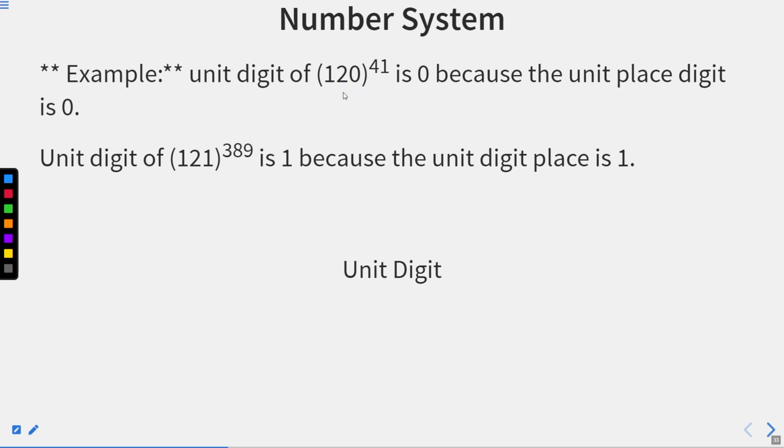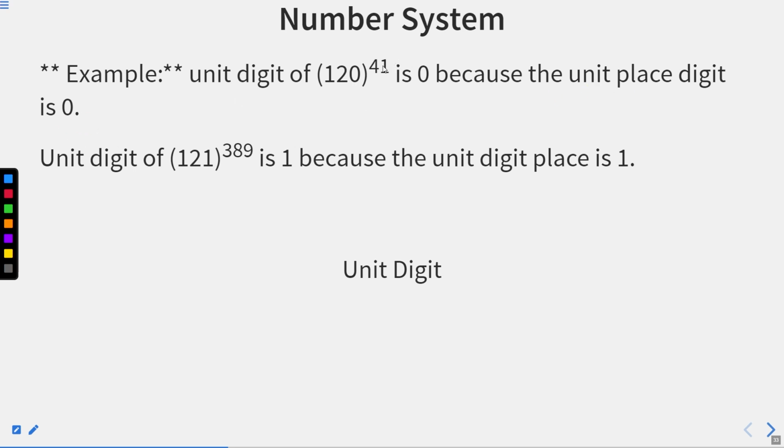What you have to do is, first of all, identify the unit digit inside the bracket. It is 120, so what is the unit digit of 120? That is 0. And we just saw, if the unit digit of the number is 0, then after solving all the powers the final solution will also have unit digit 0.